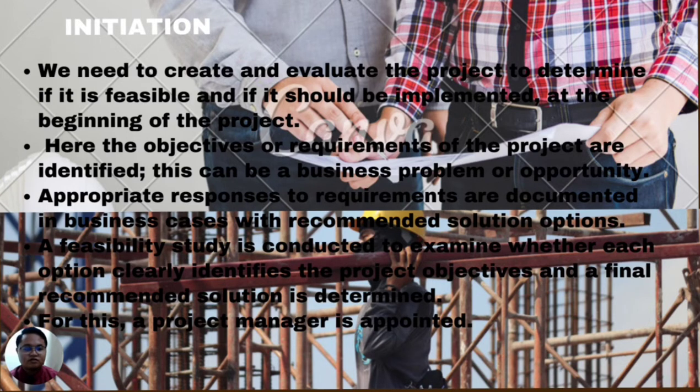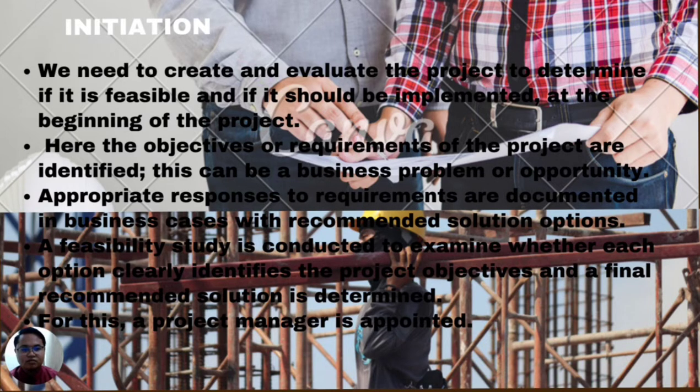First in the construction life cycle is initiation. We need to create and evaluate the project to determine if it is feasible and if it should be implemented at the beginning of the project. Here two objectives or requirements of the project are identified.